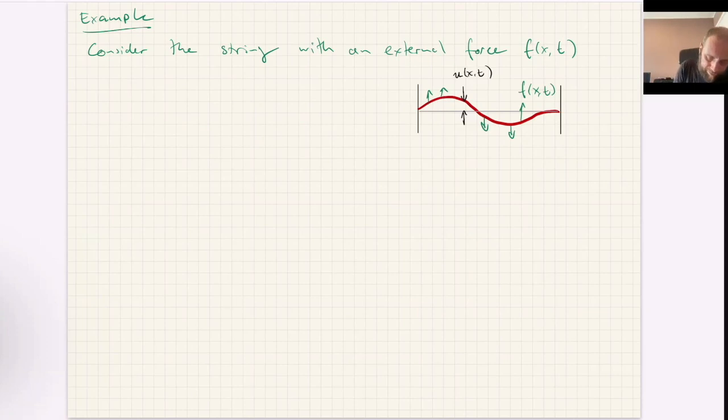If this is the case, then the Lagrange density is going to be L, the density of kinetic energy, which I call T, minus the density of potential energy, which I will call V. So what we'll need to describe here is the potential energy and the kinetic energy per unit length.